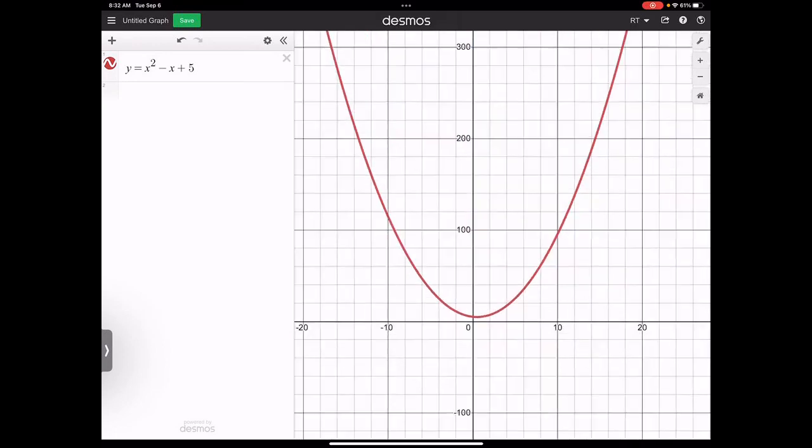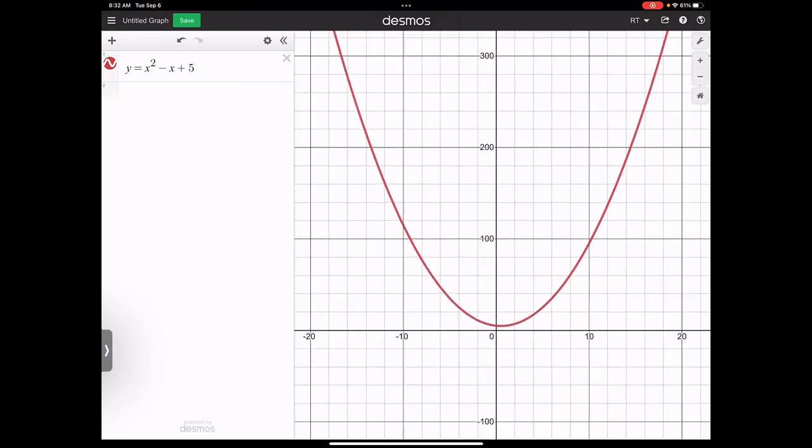Well, that's still a parabola, right? There's more stuff going on here. We don't have the tools yet to figure out how to describe that in terms of the transformations, so don't worry about that part. But it's still a parabola. What do we know about parabolas? They're defined everywhere, right? Okay.